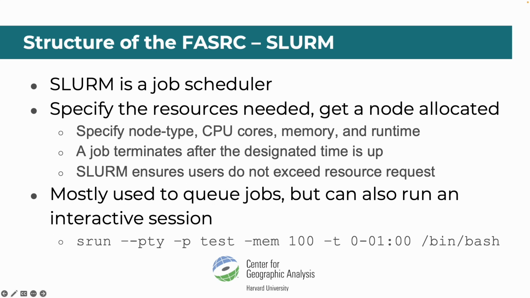Slurm is a job scheduler and a program that takes care of your needs and what you want in terms of resources, and then allocates you to a given node in the system or in the entire network that matches your resources. It's also the tool that makes sure that no one exceeds these requests, right?